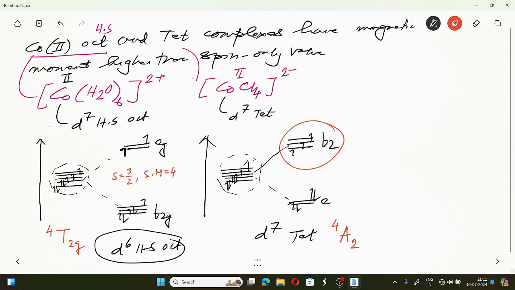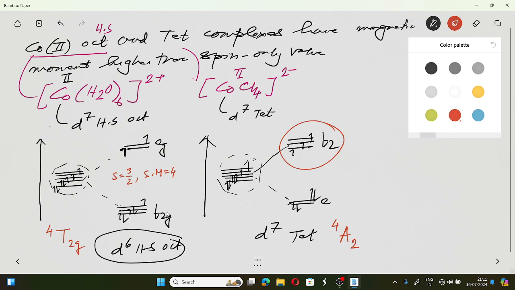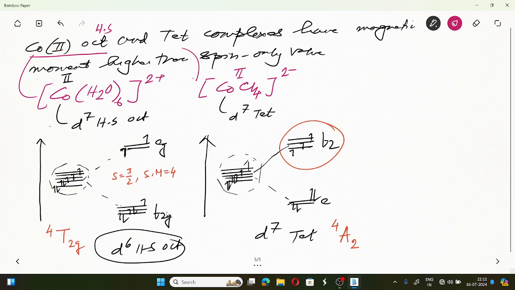For the D7 tetrahedron, we can write quartet F and this one quartet P. We are drawing the orbital diagram here. Once again, it will be similar to the previous one.